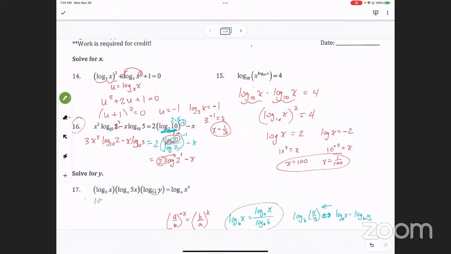So this would be log base x of x over log base x of 5. Got it? This is still just log base x of 5x. This one is going to be log base x of y over log base x of 5x. And this is just equal to 4. I don't even have to do much with that one. So this is 1.